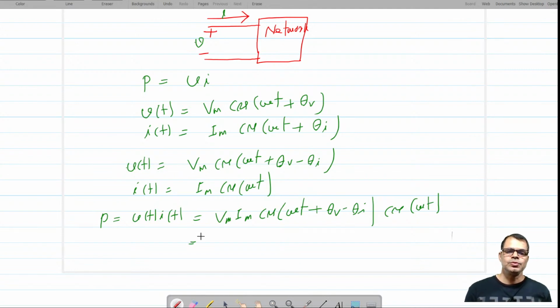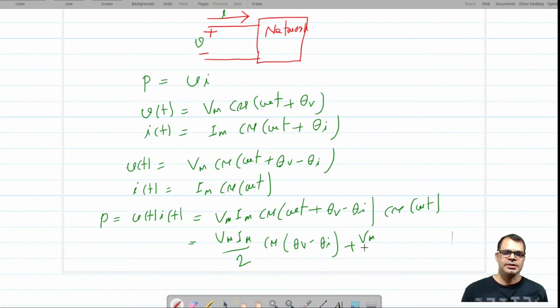So I can write that as 2 cos A cos B, and express it as the sum of two cosine functions, that is Vm Im upon 2 cos(theta V minus theta I) plus Vm Im upon 2 cos(2 omega t plus theta V minus theta I). So for instantaneous power I can write this.